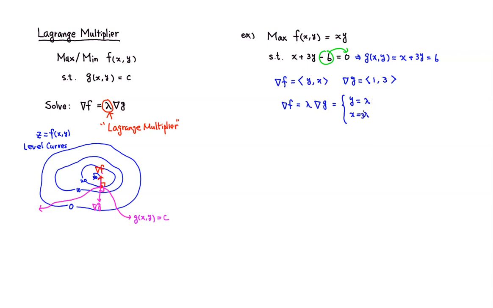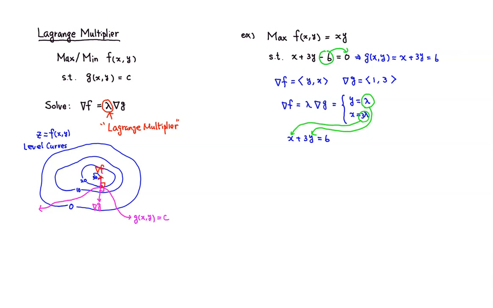We also know that the constraint has to be satisfied: x plus 3y is equal to 6. So we can express x and y in terms of lambda. Plug lambda in for y and 3 lambda in for x.